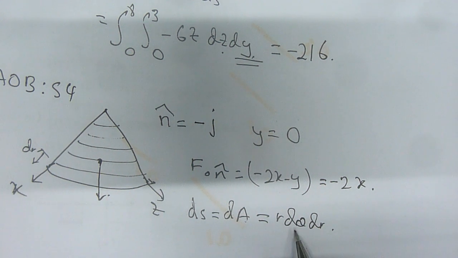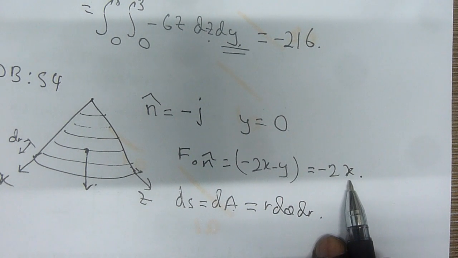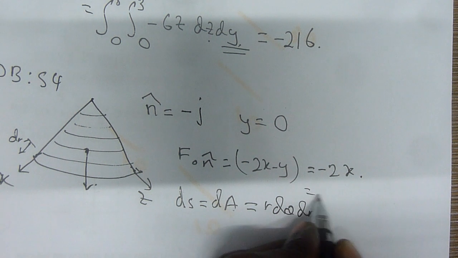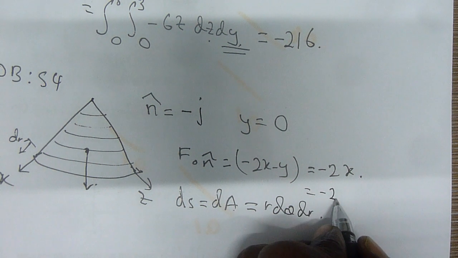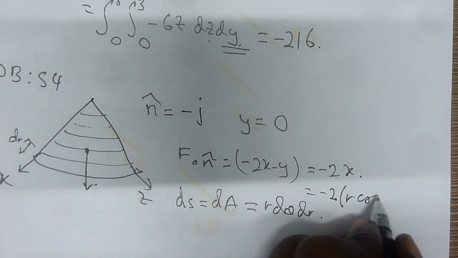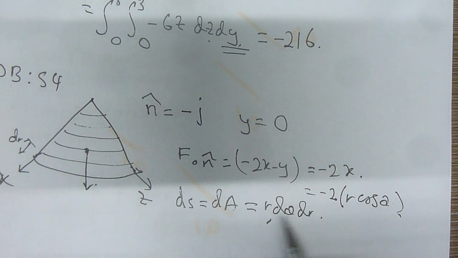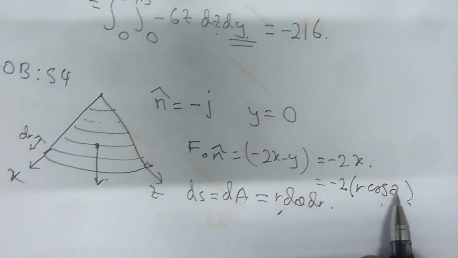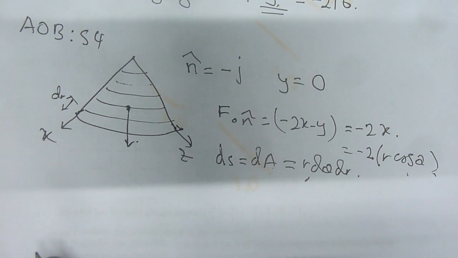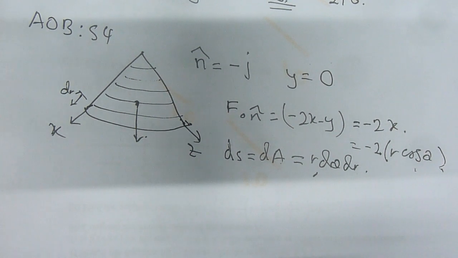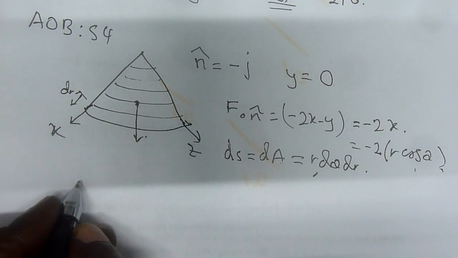Yes. Now since we are using theta and r, we cannot use this Cartesian coordinate. Automatically we need to change this to negative 2 r cos theta. We need to change it to r and theta. Therefore, now can I combine together?